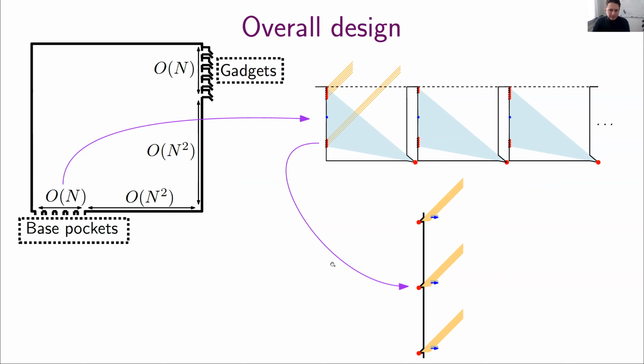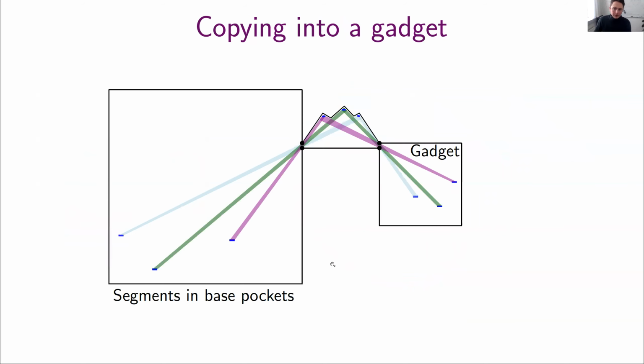So in each gadget, we will have to copy in 2 or 3 values. And the way we do it is that we have, for instance, 3 segments here that have to be covered by some propagation pieces. And then we also have 3 segments here in our gadget that we want to match with those 3. And then we make a corridor where we also have some marked rectangles that should be covered.